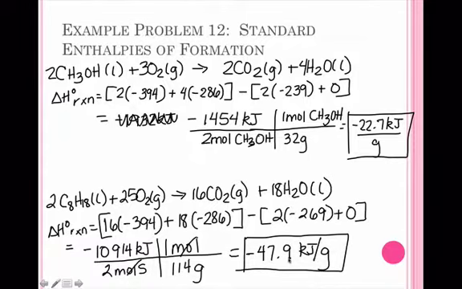So this is showing you that octane actually releases twice as much energy per gram as compared to methanol. So that's how you do those problems where you have to write out the formula first, do products minus reactants, and then do a little stoichiometry at the end.